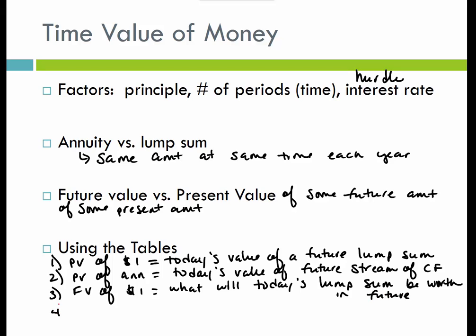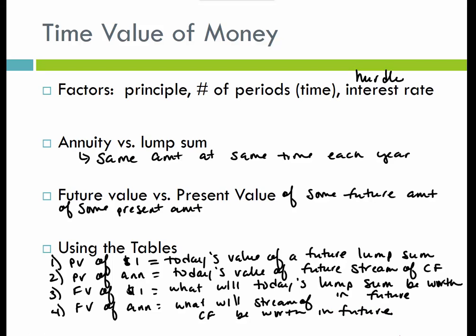And then the fourth one is basically the same thing. Future value of an annuity. What will a stream of cash flows be worth in the future?